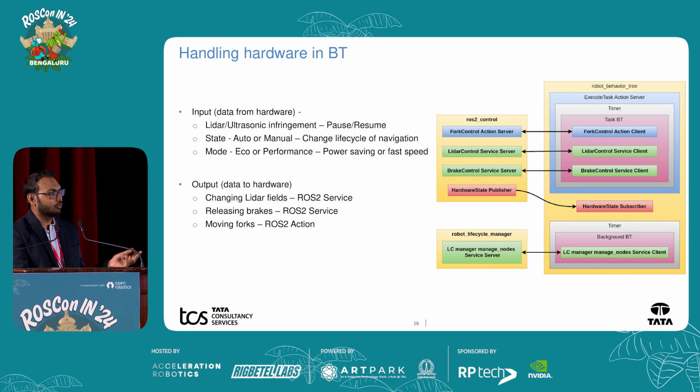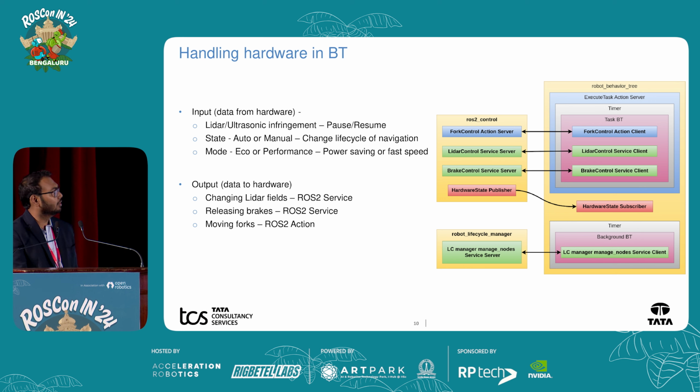For example, if the robot is in manual mode, you need to manage the lifecycle of the joystick node. You want to make it active so that you can jog the robot. And if it is in auto mode, it shouldn't happen that you plug in the joystick and the robot is jogging in auto mode. So this will be managed through lifecycle.